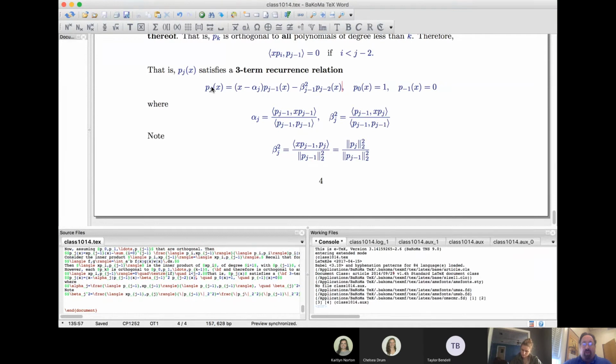Because if j is equal to 1, then we have p_0 here, which is fine. And then we have p_{-1}. But all it means is for j equals 1, you don't have this term. And then starting from j equals 2, it gets introduced. All right, so questions about what happened here?